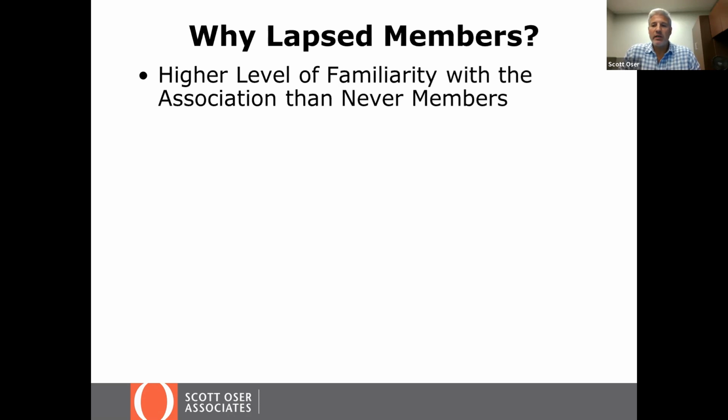You can track information in your database as to what that level of familiarity is, what their purchases have been, what their engagement has been, and that's important information to use because that knowledge and understanding cuts down that learning curve.